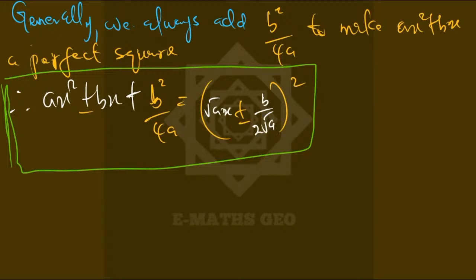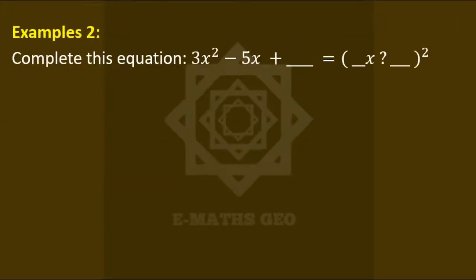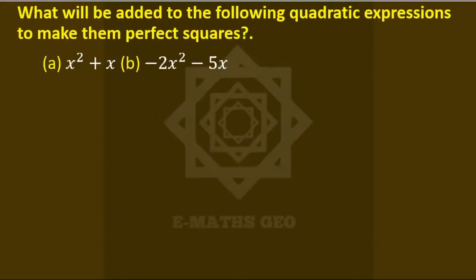So let's look at this question now. Let's do example 1 first. They say what will be added to the following quadratic expression to make it a perfect square. Like what I've said, all you need is to know a and b.